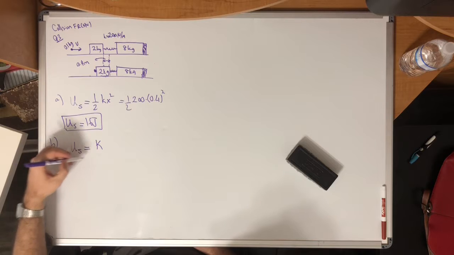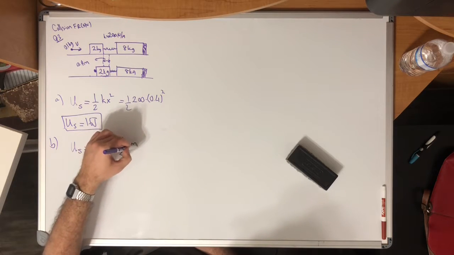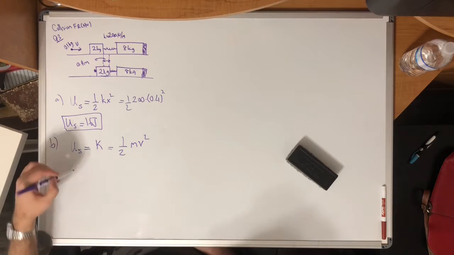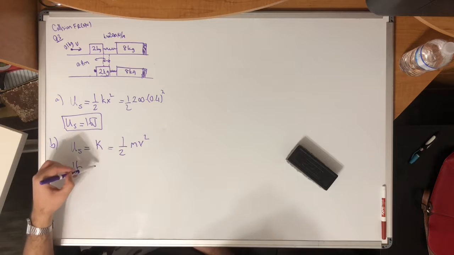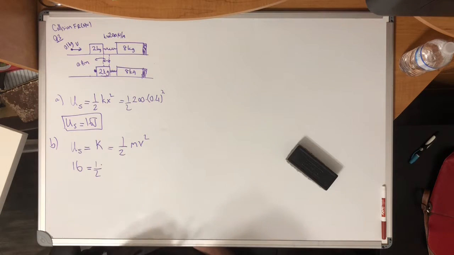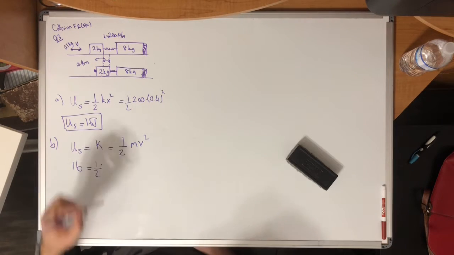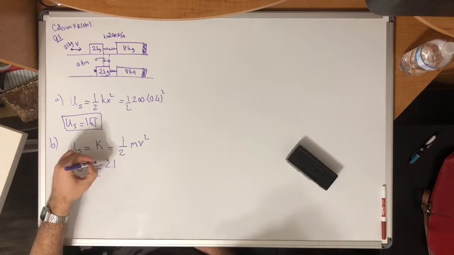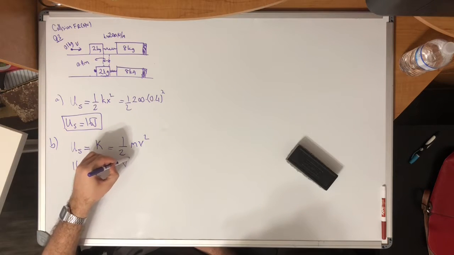Then if you use 1/2 mv squared, Us is 16 joules, which we calculated in the previous part, and it's equal to 1/2 times the mass. We are talking about the clay plus block mass, so it's going to be 2.1, and the velocity of those two is the unknown.